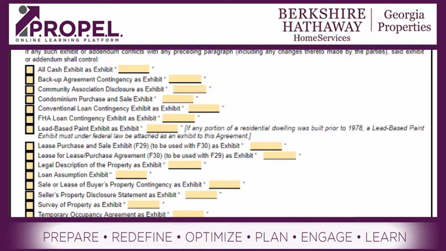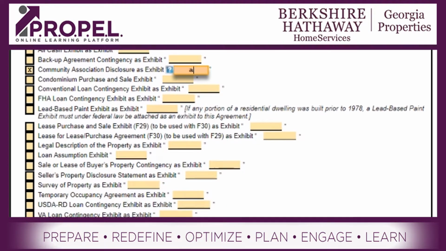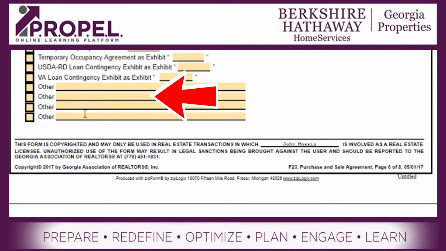You're going to check the boxes that do apply, and if there's a form that is, let's say, not listed here, you're going to go down to the bottom of this section and you'll list those under other.